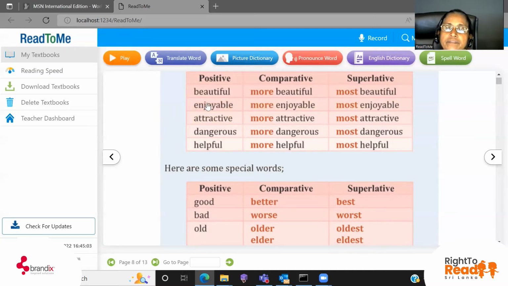Attractive, more attractive, most attractive. Then next word. Dangerous, more dangerous, most dangerous. Helpful, more helpful, most helpful. Okay. Now you are familiar with these words.